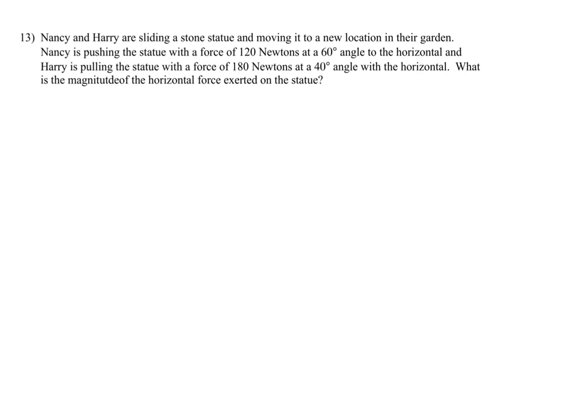So the first one, she is pushing. Where is the 120 going to go? On the hypotenuse, right? So it's going to be here. This is 120. To the horizontal is 60 degrees.